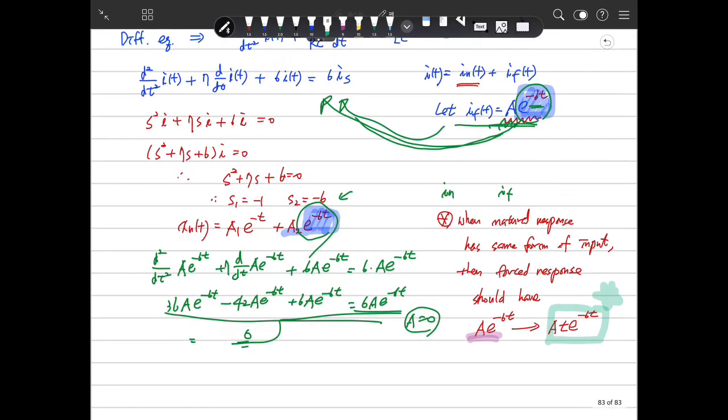So in this case, we apply this equation here.